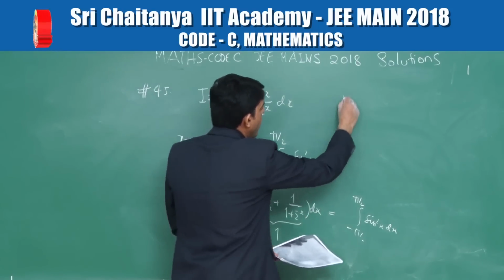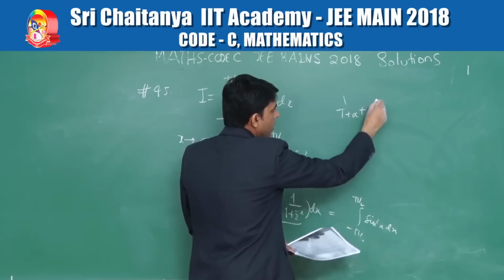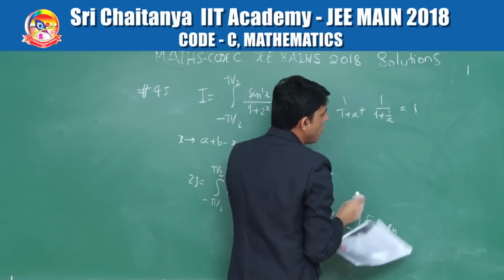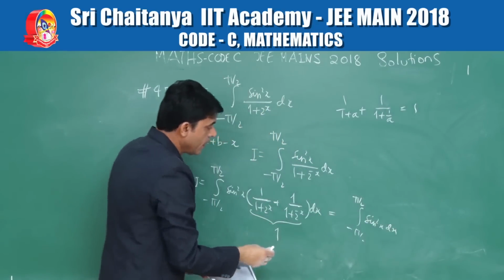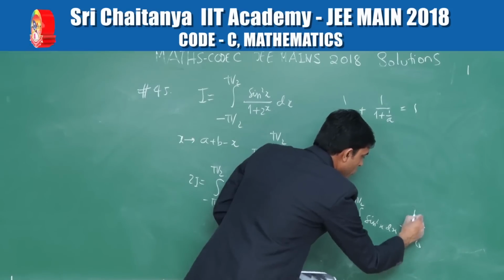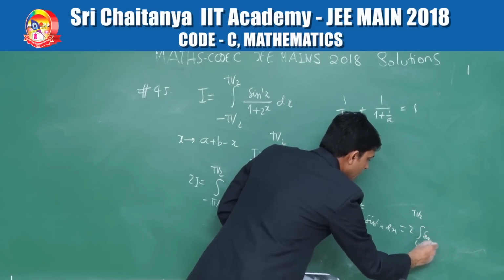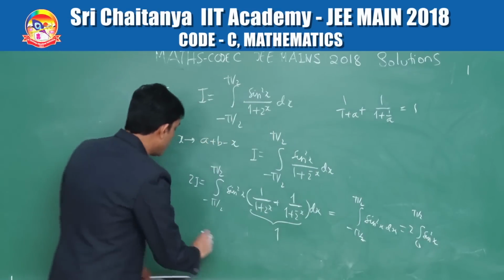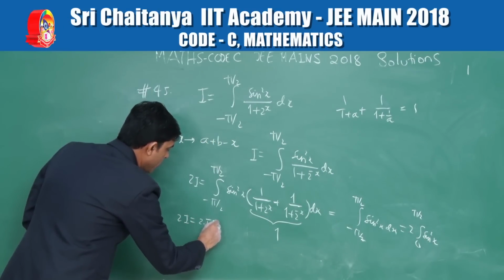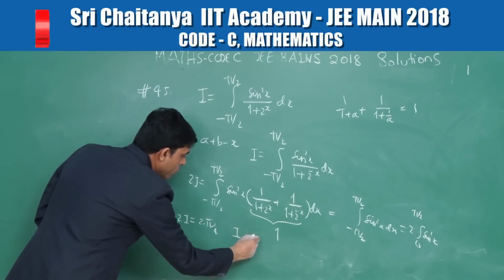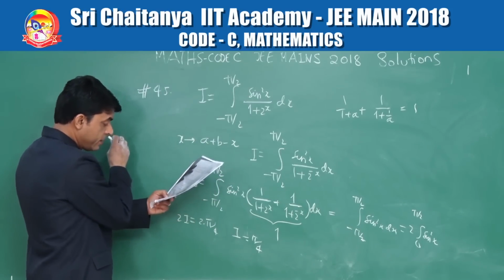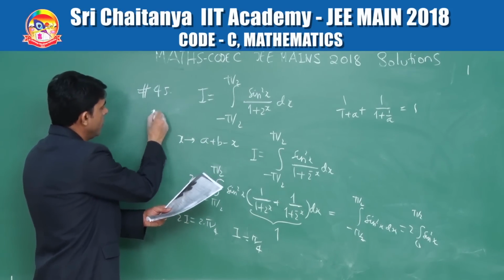Indeed, you have 1 over 1 plus a plus 1 over 1 plus 1 by a equals 1, of course a is not 0. So we can write 2I as twice the integral from 0 to pi by 2 of sine square x. That equals 2 into pi over 4, and so I happens to be pi over 4. And so the choice that is correct is number 3.